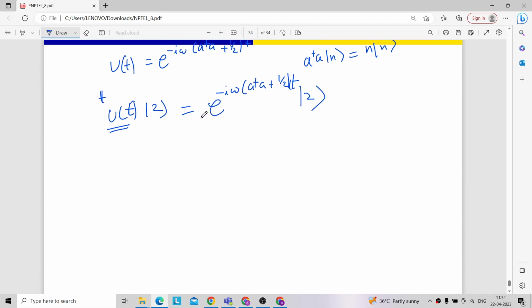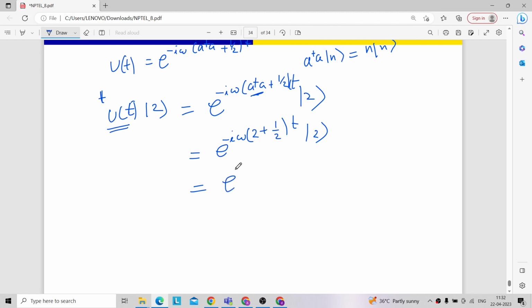Now as this is a number operator, if I operate this on the state 2, what I will get as the eigenvalue is e to the power minus i omega (2 plus half) t, state 2, right?